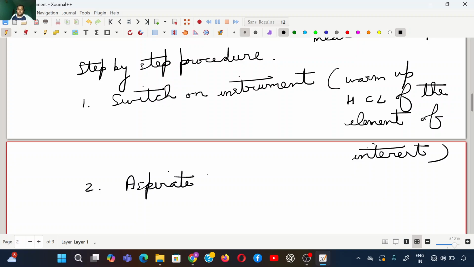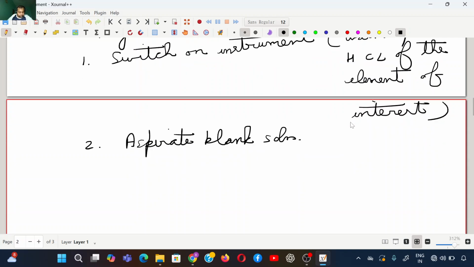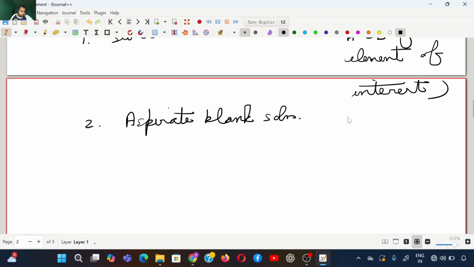Next, you take a blank solution and you aspirate it. I already told you what aspirate means. Basically it means to suck a liquid solution into the nebulizer and flame using gas suction. In this case, you just introduce a solvent. There should be no analyte.